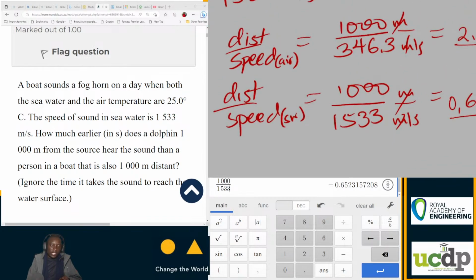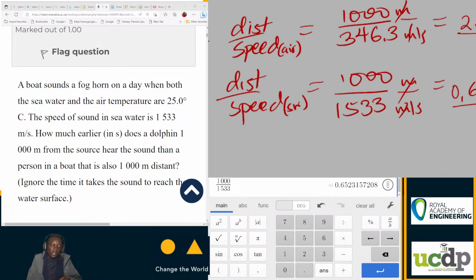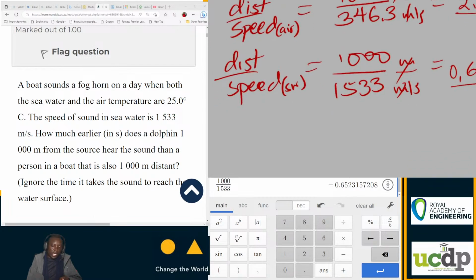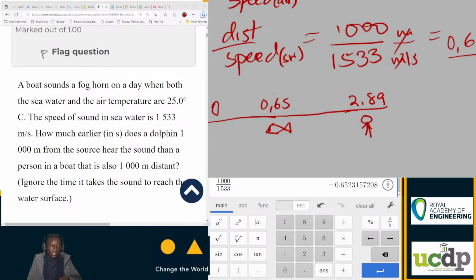So the difference in time between when the man hears the sound after the dolphin has already heard that sound is, so we have at t equals 0, the horn is sounded, then at 0.65, the dolphin hears the sound, then at 2.89, the man hears the sound. So what we want is the difference in time between those two.